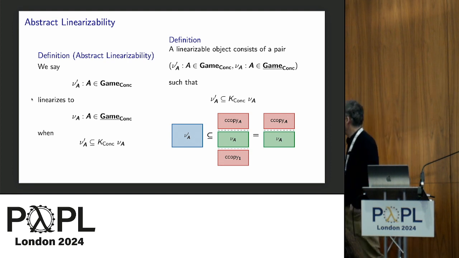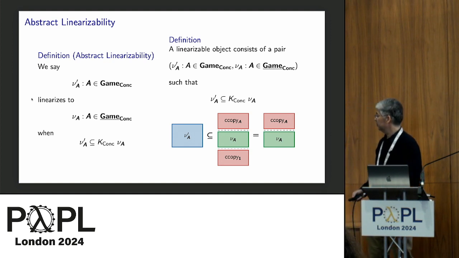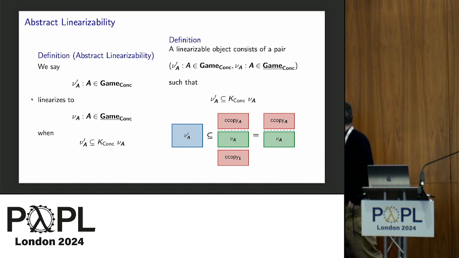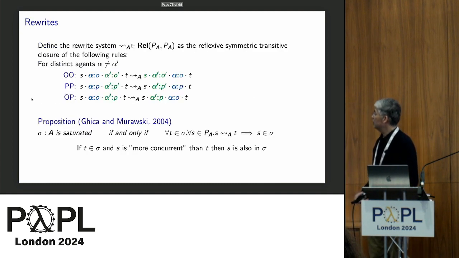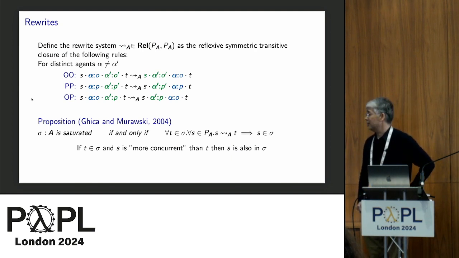And of course, in the case of a single concurrent linearizable object, there's no parameter, so the C-copy on the one end is a 1 unit. So the definition is just this. So you could prove that this is actually equivalent to the classical notion of linearizability.